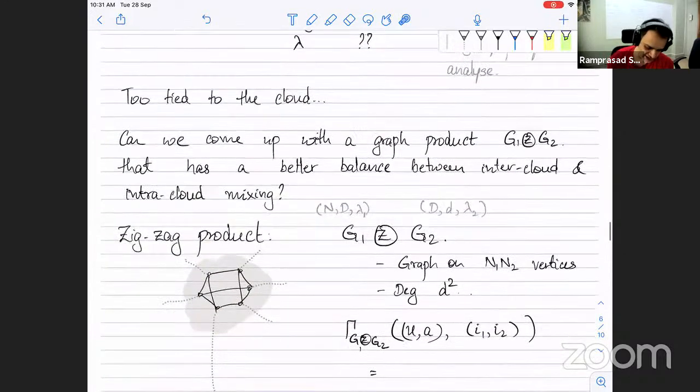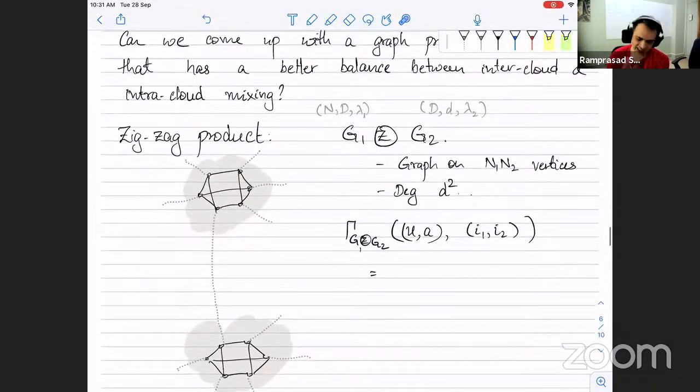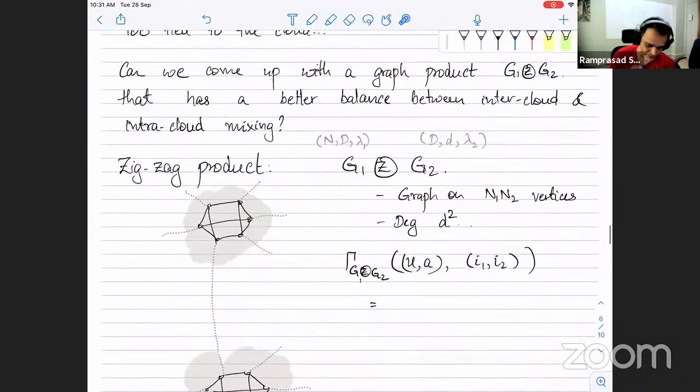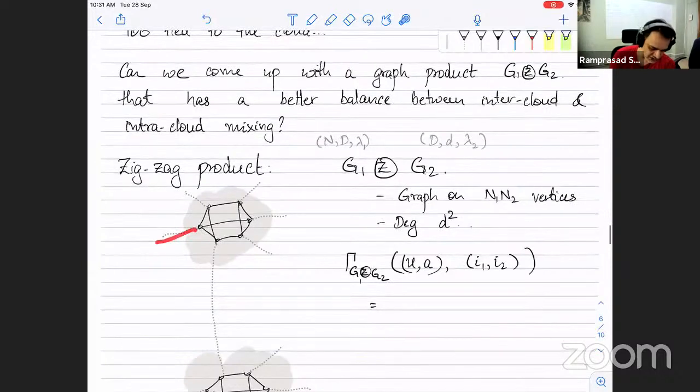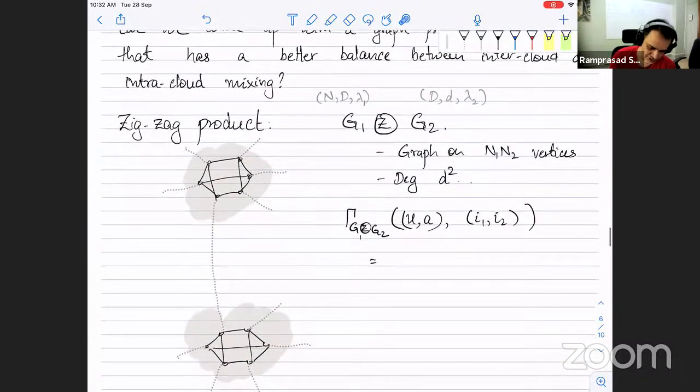Okay, so here is what the zigzag product is. I'm going to pictorially represent the zigzag product of some graph G whose edges are these dotted edges. It's some 6 regular graph. I don't care what's happening outside of this. And I'm going to take a zigzag product of that 6 regular graph with this graph on 6 vertices. So here is what I'm going to do.